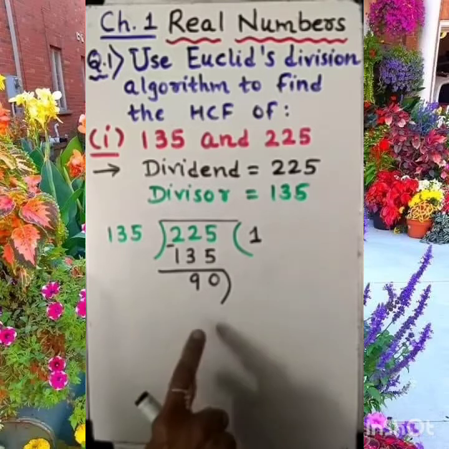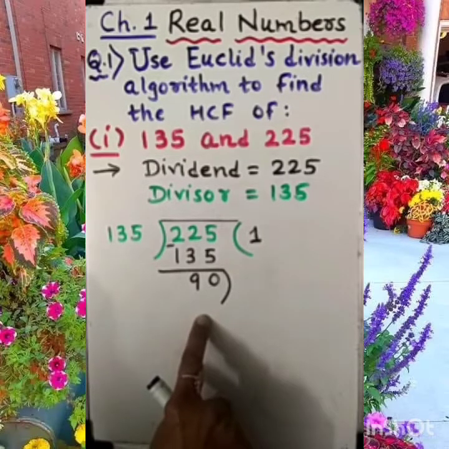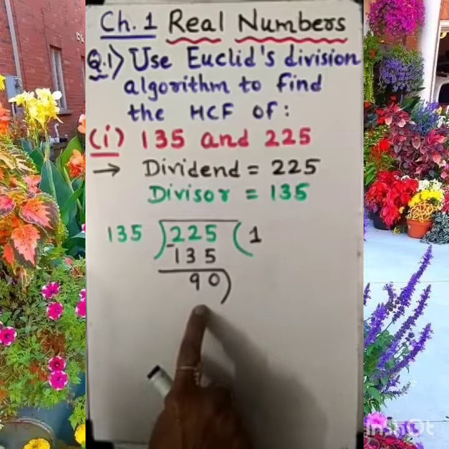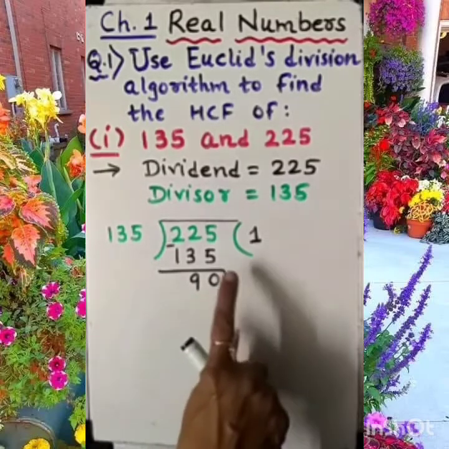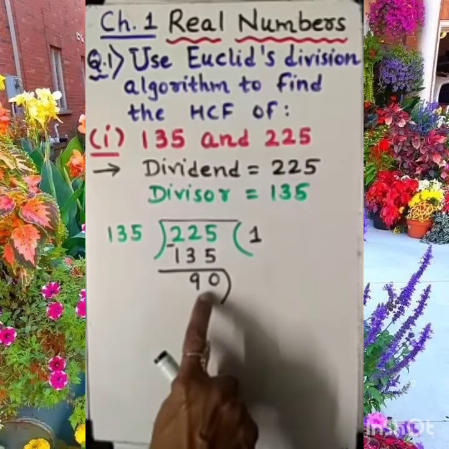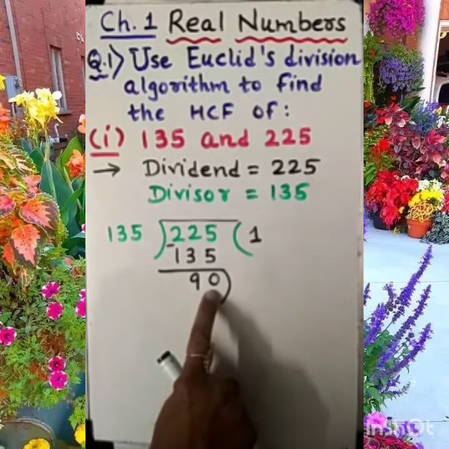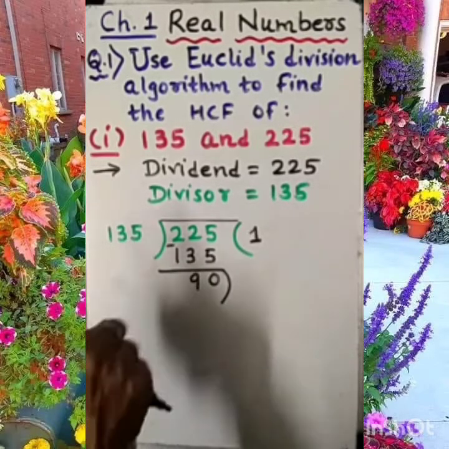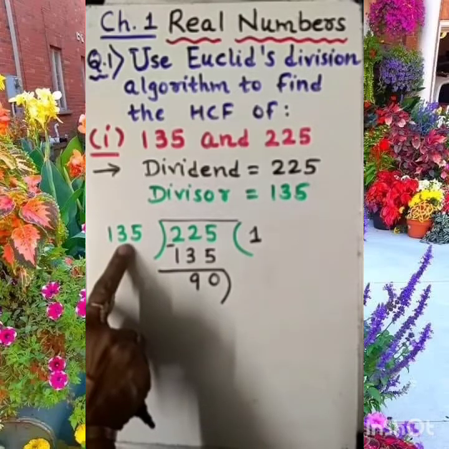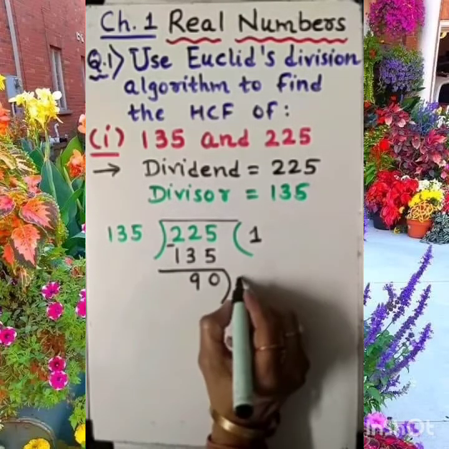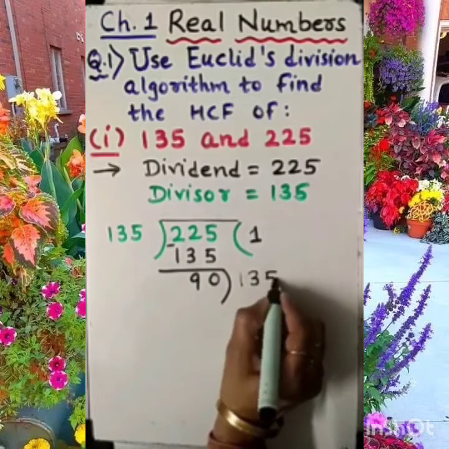So what do we have to do in the next step? Take the remainder as the new divisor. Now this remainder will become the new divisor and the divisor will become the new dividend. What was the divisor? 135. So I need to mention it here, 135.